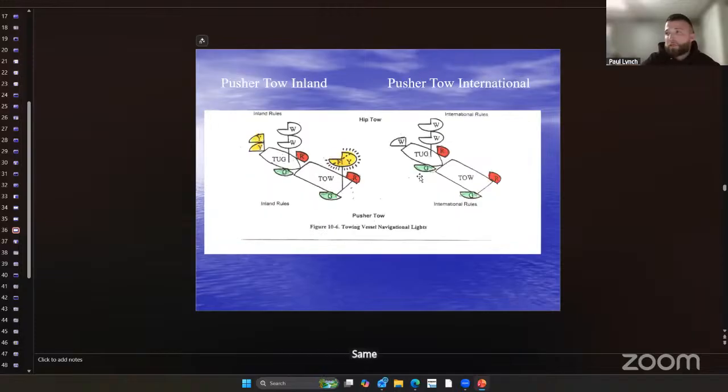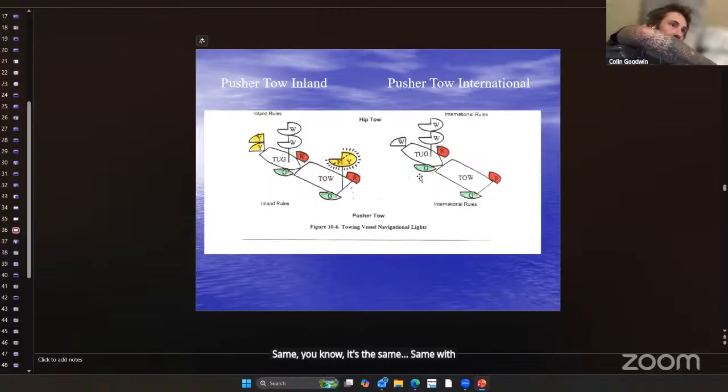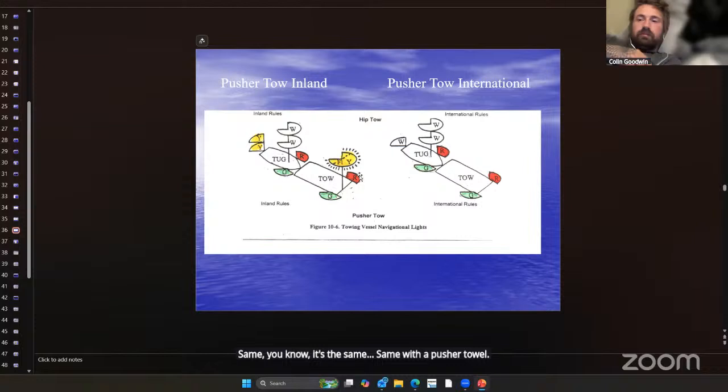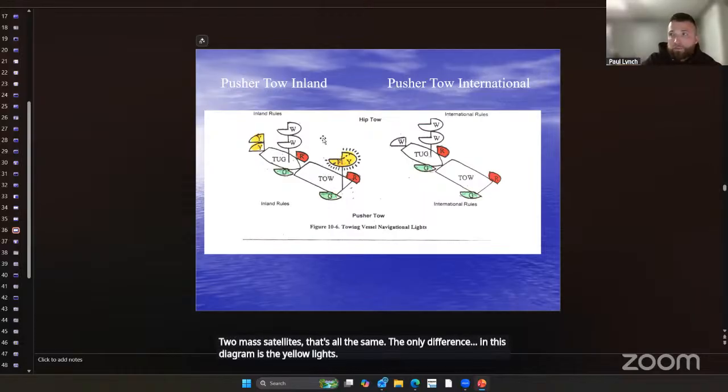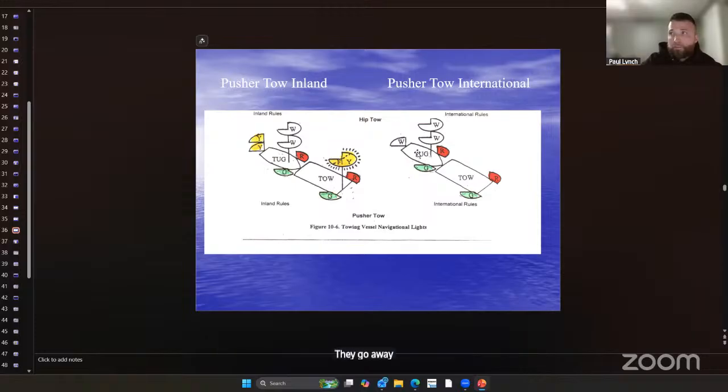It's the same thing with a pusher tow. Side lights, no stern light because it would blind the captain, two masthead lights, that's all the same. The only difference in this diagram is the yellow lights. They go away and they just flip on a stern light.